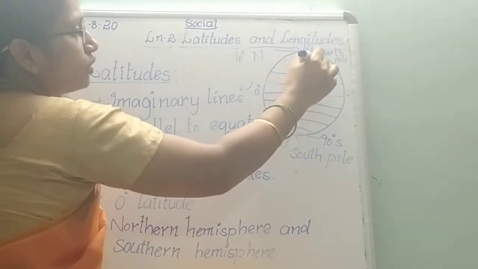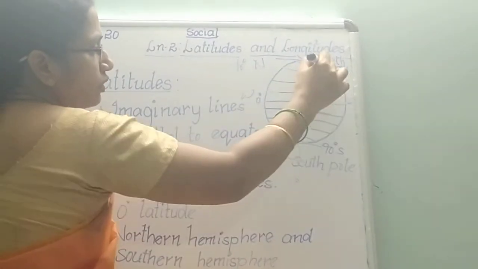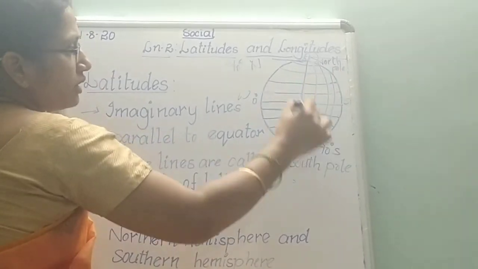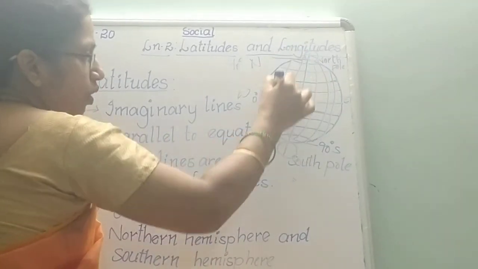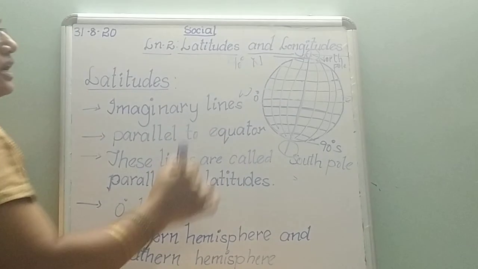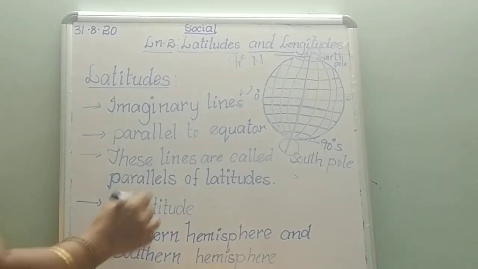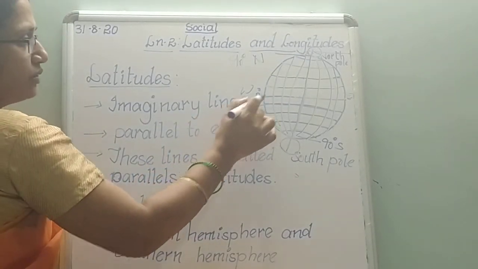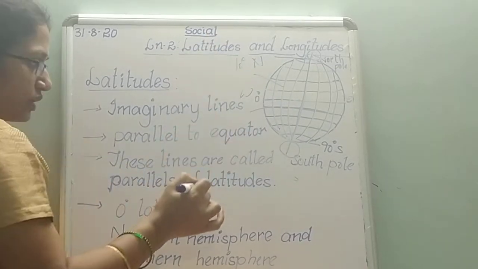The lines which run from north to south are called longitudes. So these are latitudes and these are longitudes.